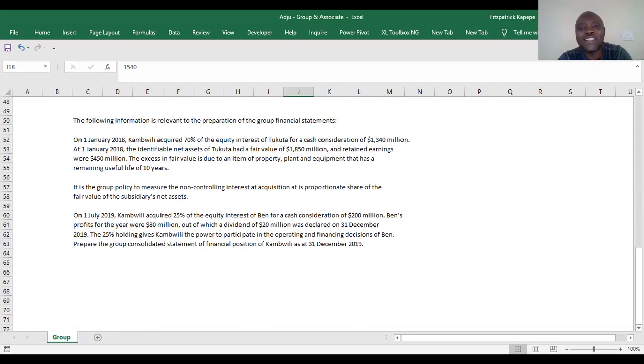So how do we calculate goodwill? We know how much we spent as a parent company. We spent 1340. Then we add the NCI, and less 1850, then we'll be in a position to know our goodwill.